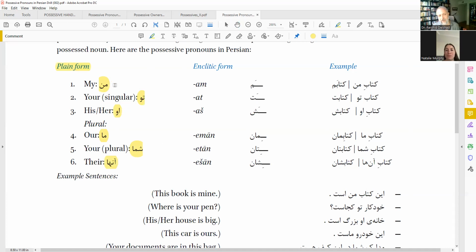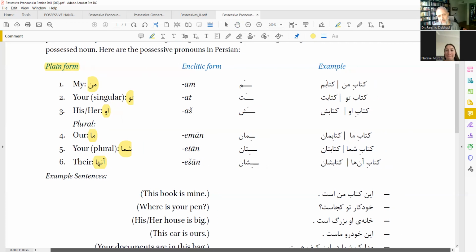Now, if we consider these 6 pronouns that we have here, man, to, او, ما, شما, آنها, and have a glance at the right side of the file under the topic example, you see that you can use these pronouns after a noun and create a possessive.